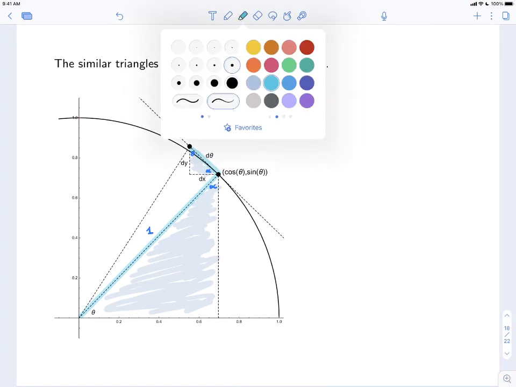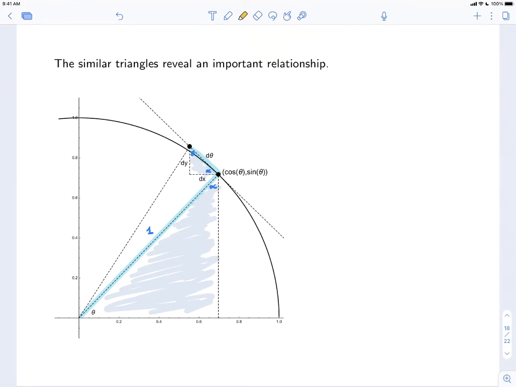What other side correspondences can we mark? Well, we have this length right here, which starts at angle alpha and goes to the right angle, so that corresponds to this one, which is dx. But this height is the y value, which is sine. So that means that this length right here is sine of theta.